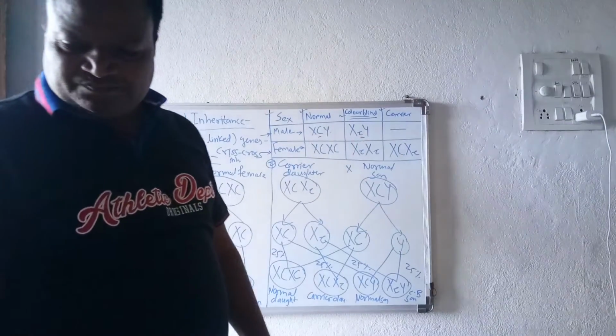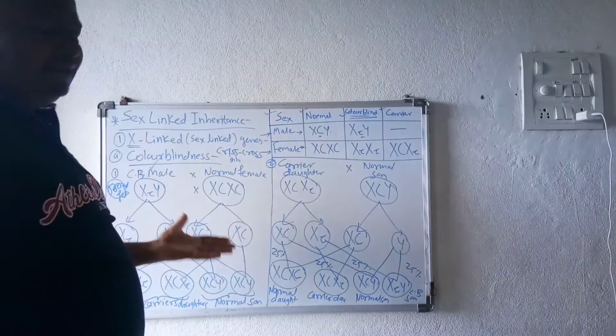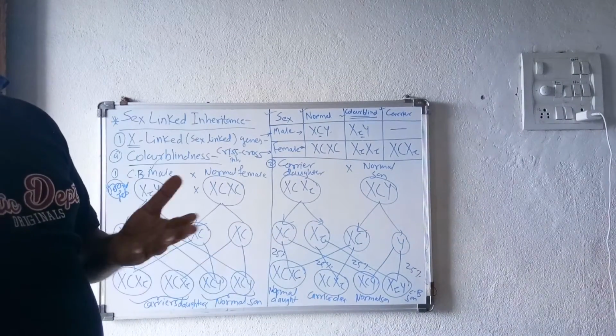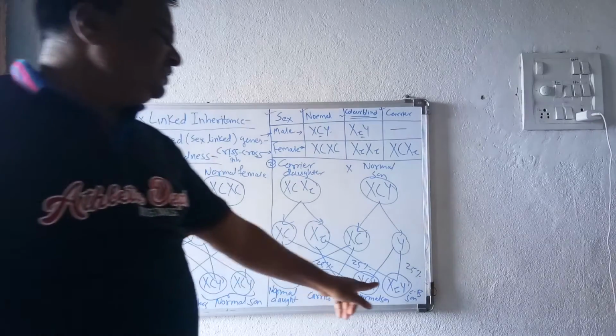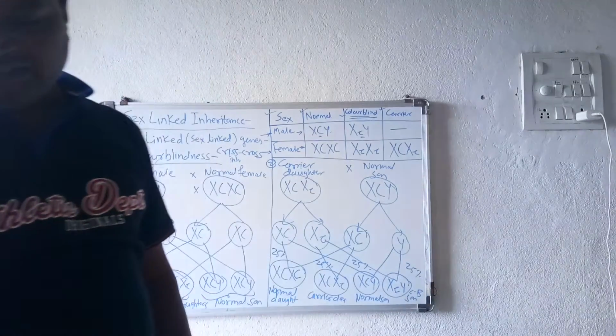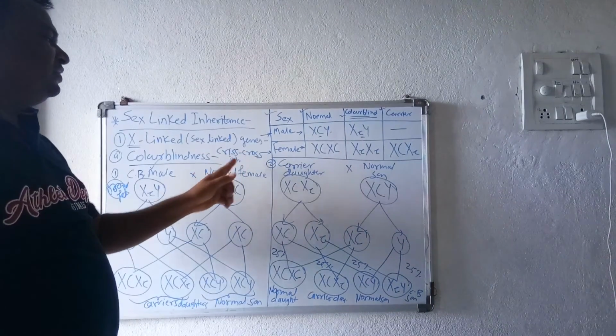And such an inheritance pattern is the X-linked recessive gene for color blindness, which is inherited from color blind father to his grandson. And such an example will show criss-cross inheritance.